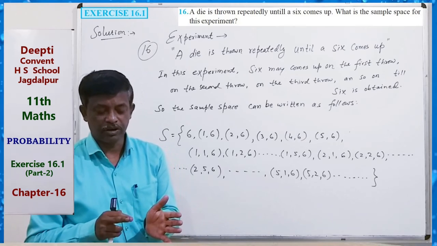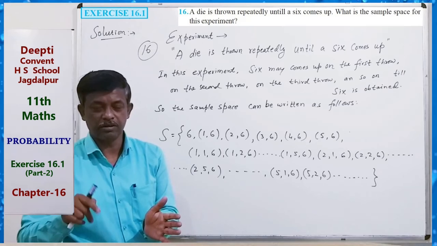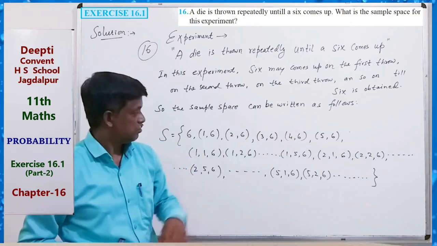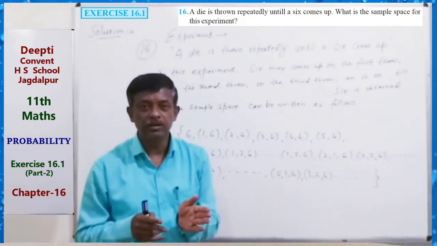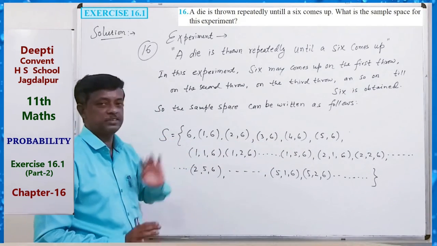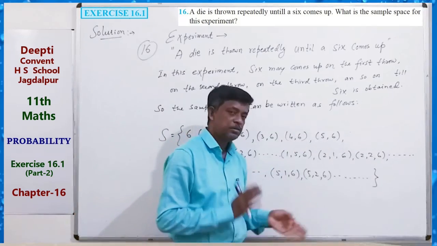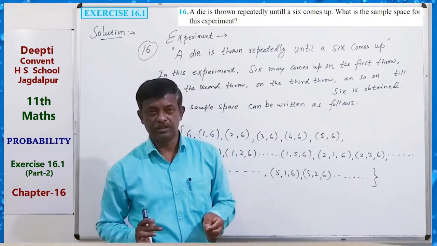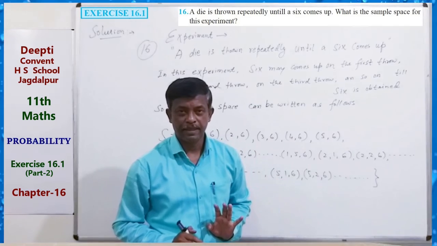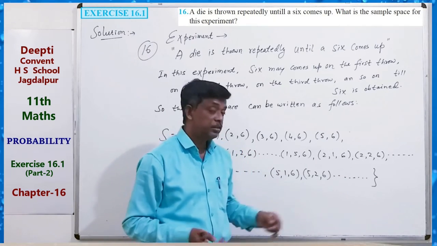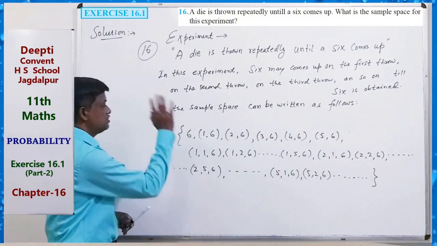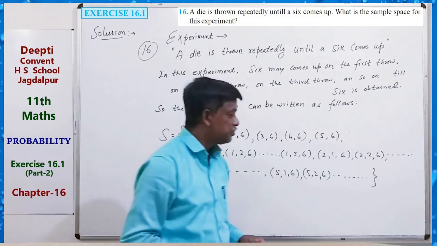So 1, 1, 6, 1, 2, 6 and so on up to 1, 5, 6, and start from 2: 2, 1, 6, 2, 2, 6 up to 2, 5, 6, finish. Then 5, 1, 6, 5, 2, 6 and 5, 5, 6, and again not in 3 attempts, 4 attempts, and then again we write, to infinity. So this is the sample space for question 16.